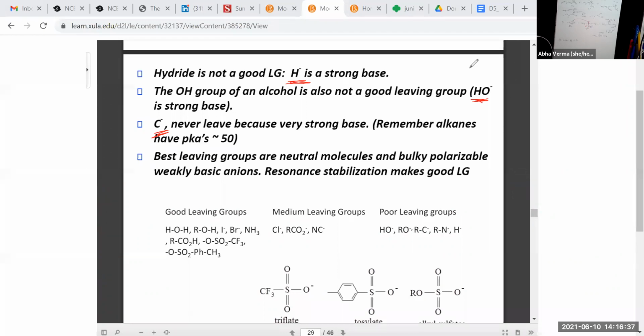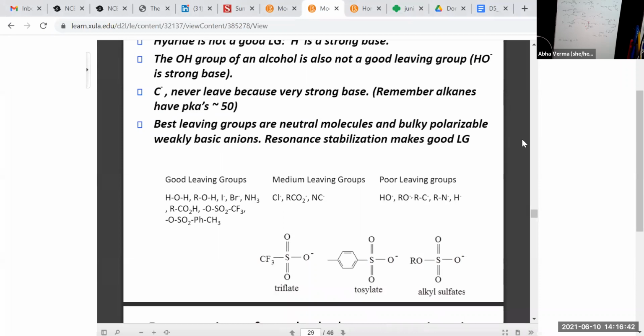What are other great leaving groups? So water, a completely neutral water, completely neutral alcohols, iodide, bromide, neutral ammonia, carboxylic acids. So remember, all of these are neutral. And then sulfonates. Sulfonates are great leaving groups.